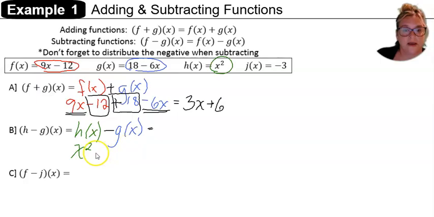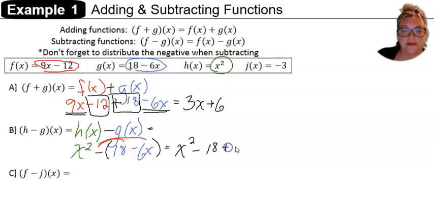And then from that, we're going to subtract. And because we're subtracting, I am going to use parentheses around my g of x because I'm going to need to distribute that negative over this binomial 18 minus 6x. So distributing this negative 1 over the binomial, we have our x squared, then minus 18, and then a negative times a negative is a positive 6x.